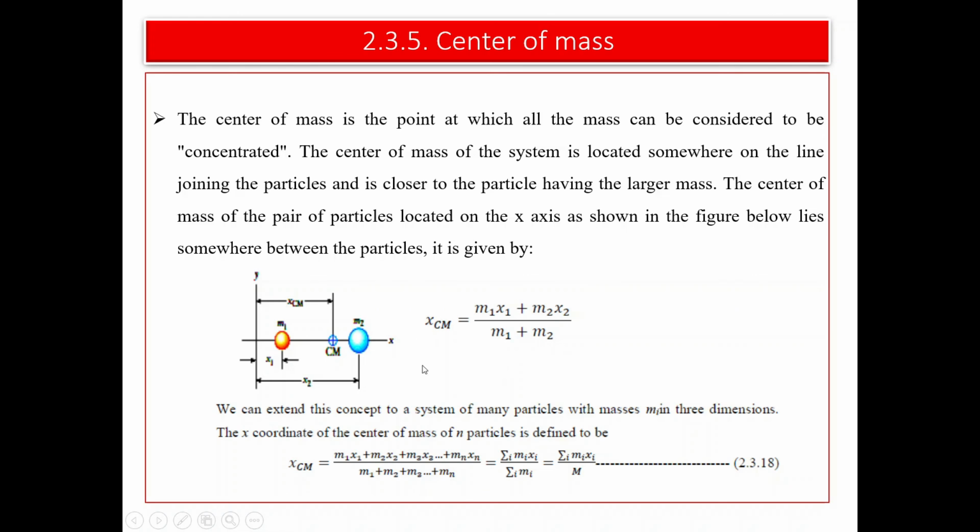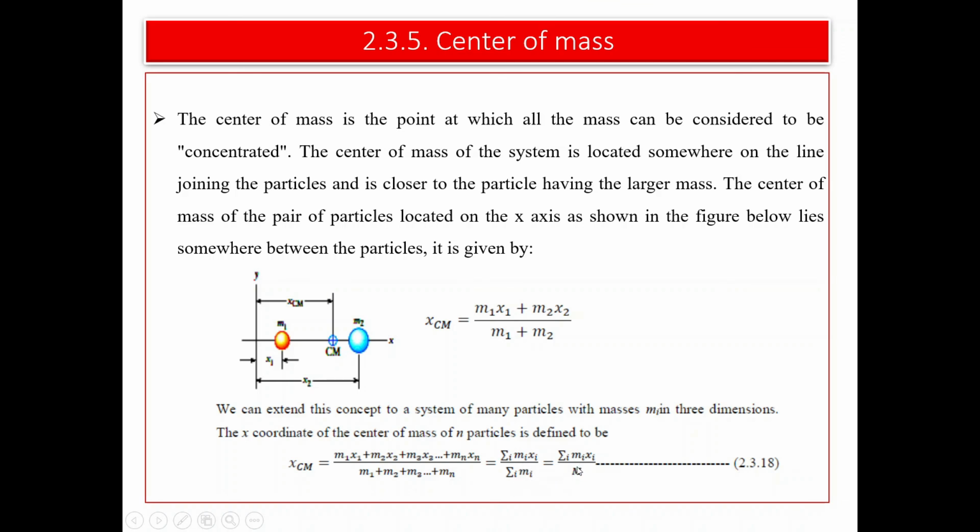If you have more masses, a third, a fourth, and so on, x center of mass is m1 x1 plus m2 x2 plus m3 x3 plus m4 x4 divided by m1 plus m2 plus m3 plus m4. It can be written as the sum from i equals 1 up to n of mi xi divided by the sum of the masses mi.